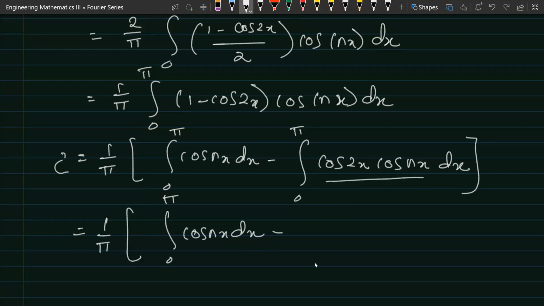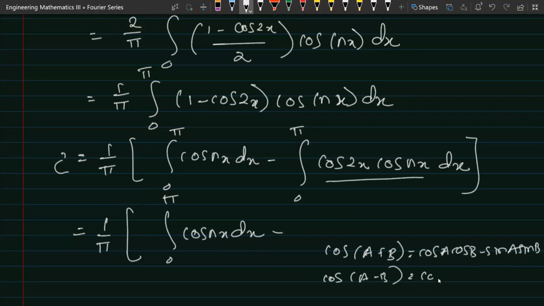This is nothing but cos a cos b. So what is cos of a plus b? It is cos a cos b minus sine a sine b. Am I right? And what is cos of a minus b? This is simply cos a cos b plus sine a sine b. Am I right?